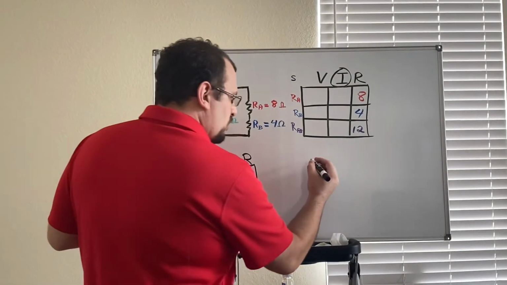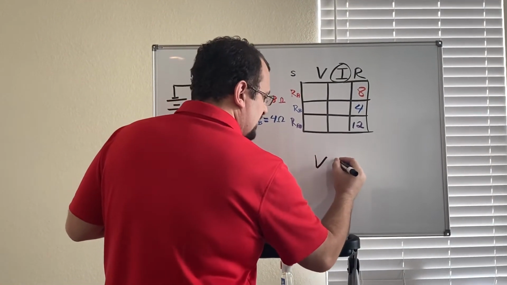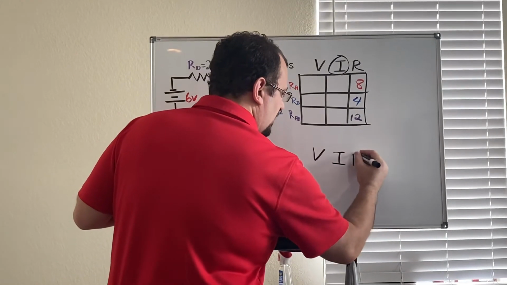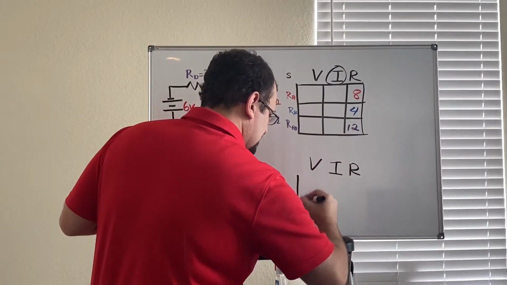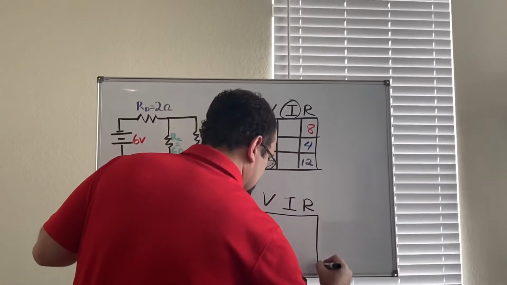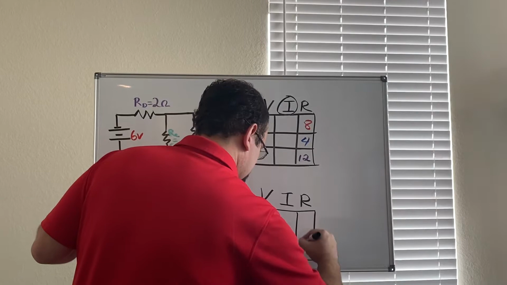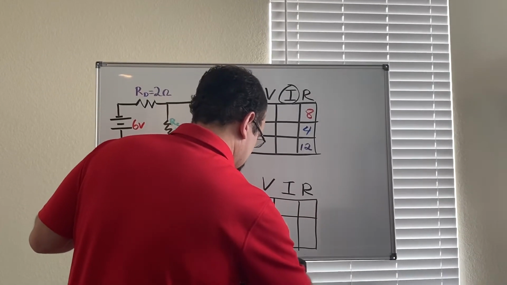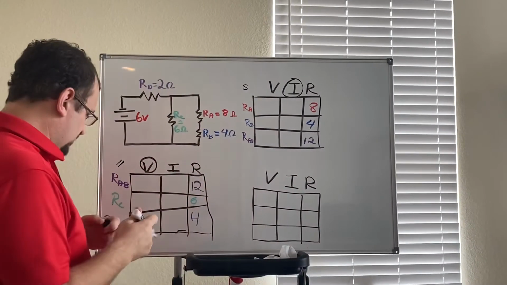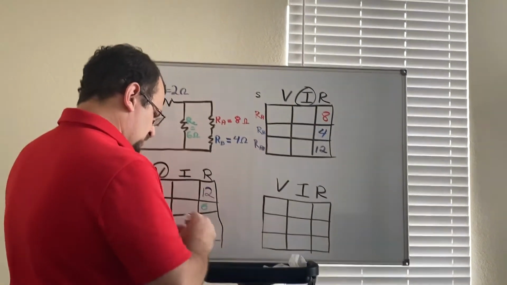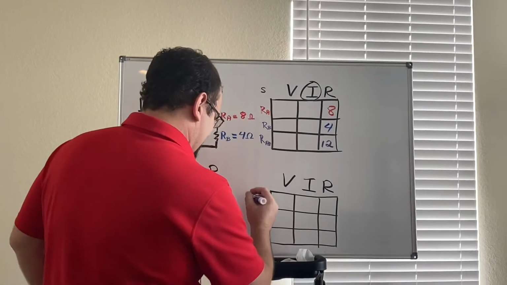All right, so we've got V equals IR. And we have resistor ABC.